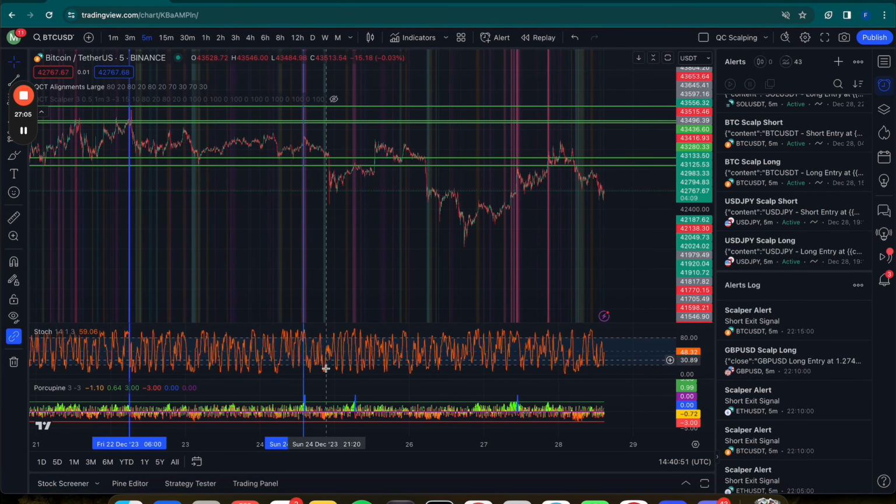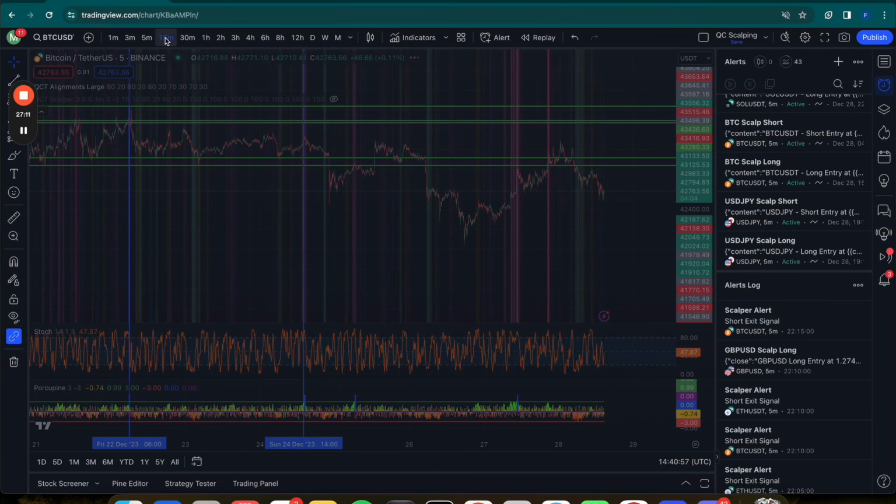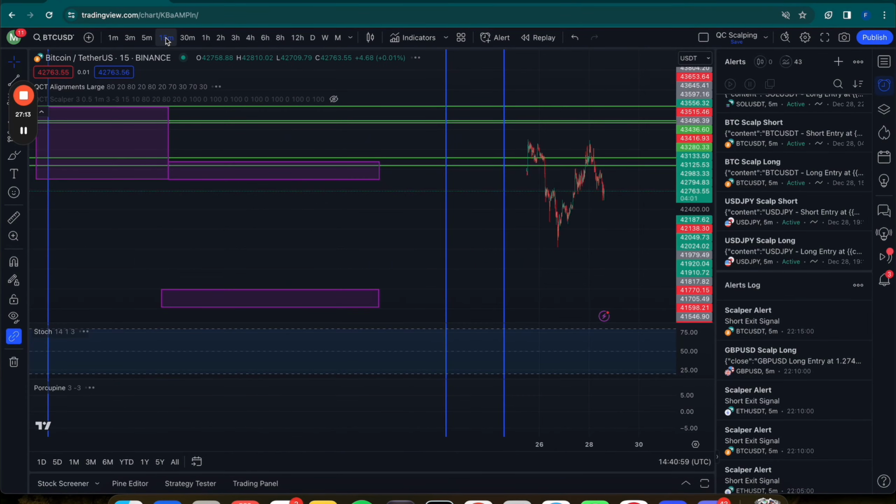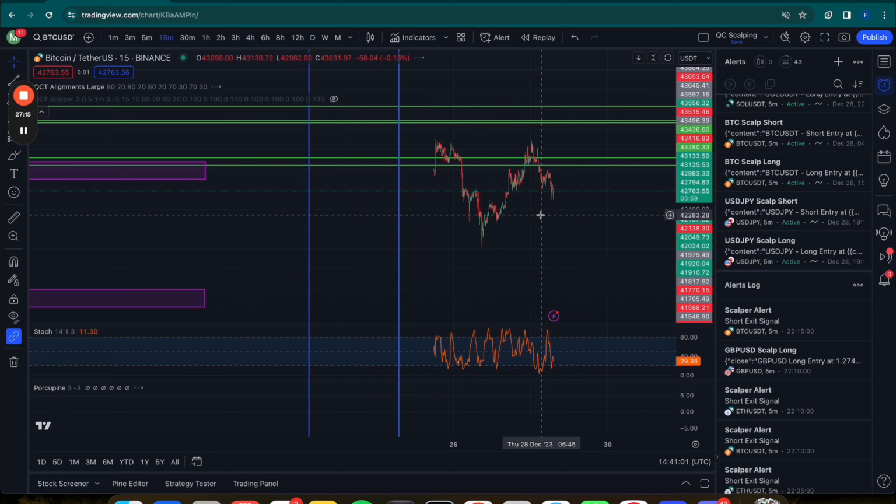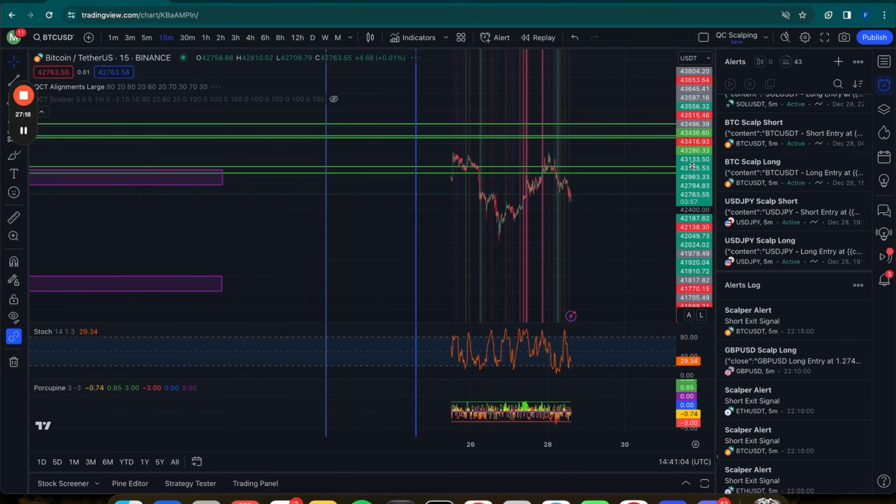And if those align together, then once again you have a much higher chance that the probability of the trade to succeed is much, much higher, because you're looking at multiple angles and multiple perspectives and seeing the same thing in the market.